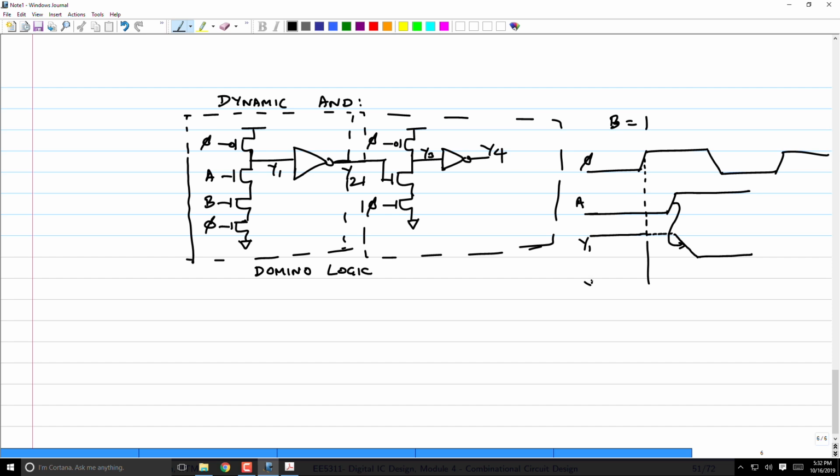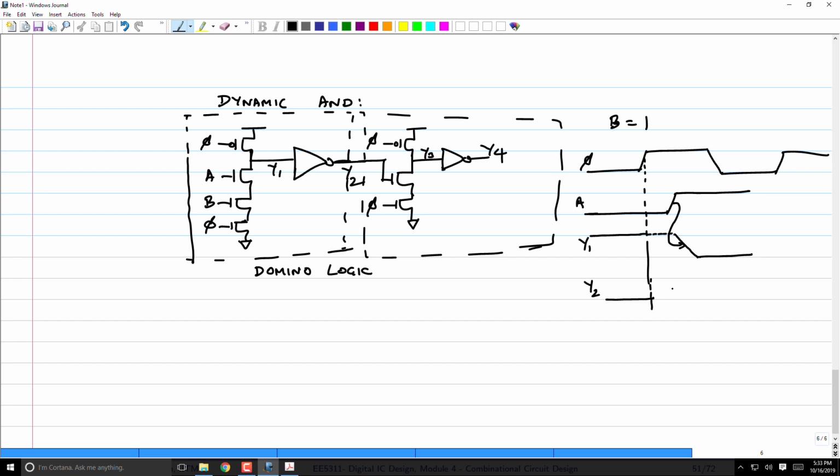What happens to Y2? In the pre-charge phase, Y1 is what? High. So Y2 will be low. Is it floating low or driven low? It's driven low. In the next, between the clock and till the input rises, is Y2 floating or is it driven to some logic?